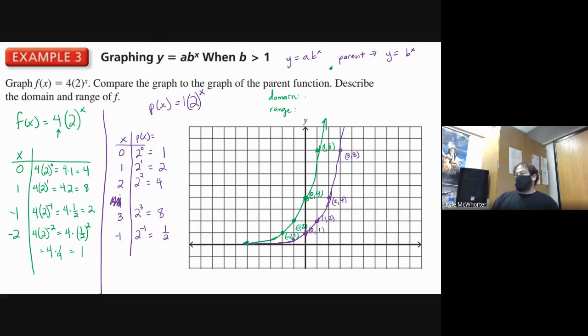So the domain is all real numbers because every x value works for this function. The range: this graph never touches the x-axis and it never goes to the other side of the x-axis. All the y values are positive. So the range is all the y values greater than 0. This graph only exists where the y values are positive.